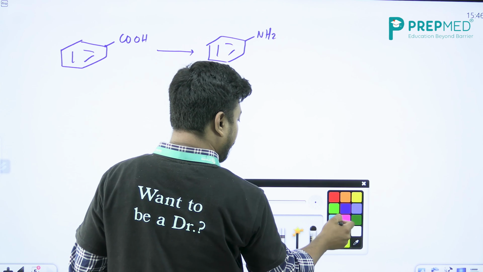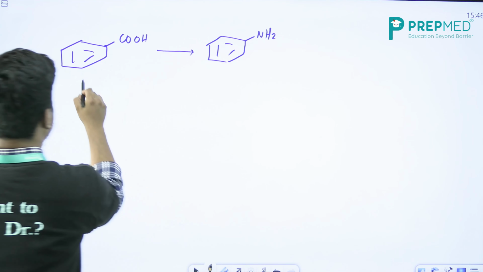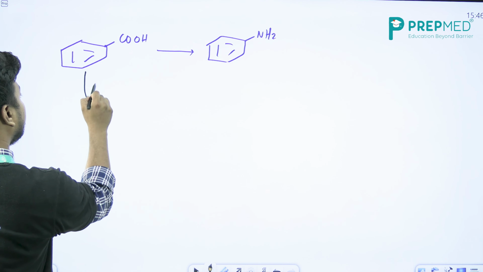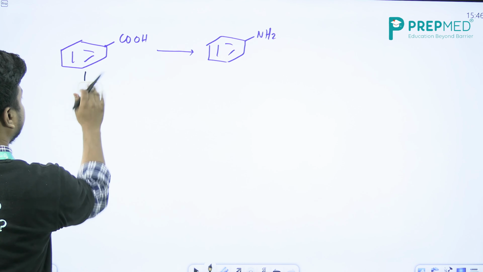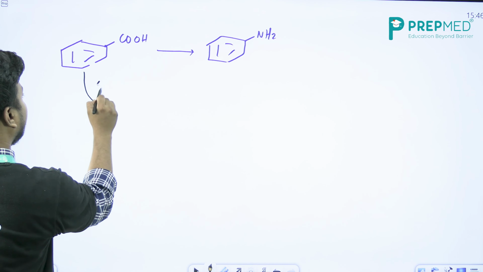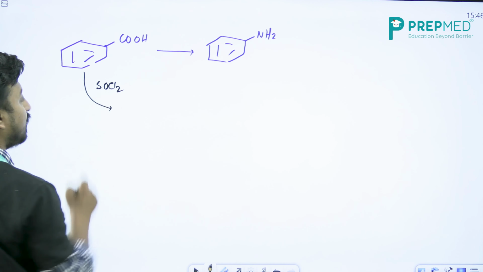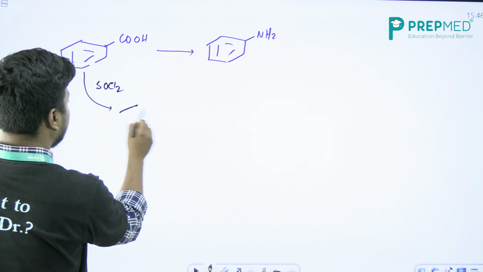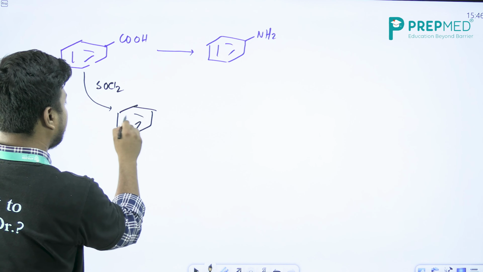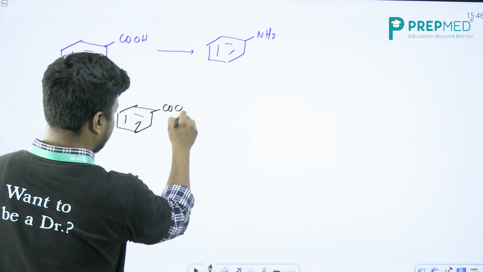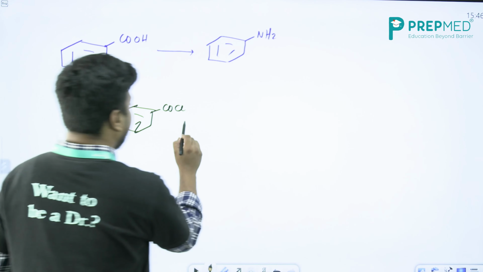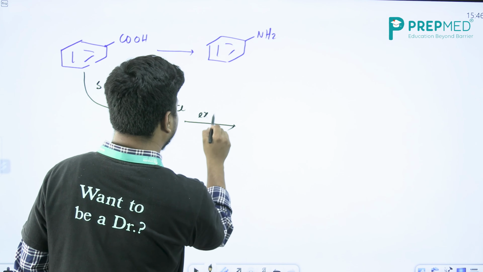Now, क्या होता है देखते हैं पहले. First step, what you do, you basically give SOCl2, which is a chlorinating agent. So, what is the final product you get here? COCl. Correct.